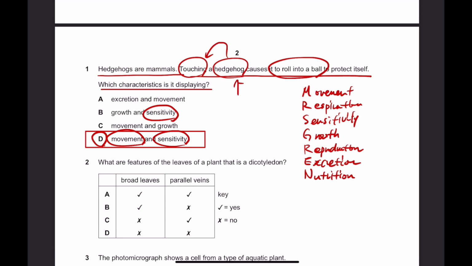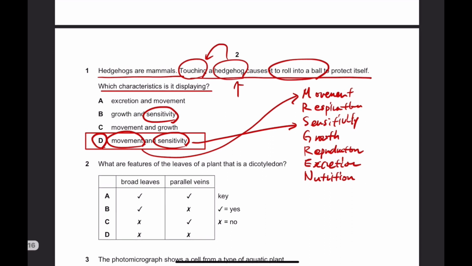So there are 7 characteristics of living things, and movement and sensitivity are 2 of the 7 characteristics. Okay, so this is a very basic thing, so you guys should know by now. Alright.